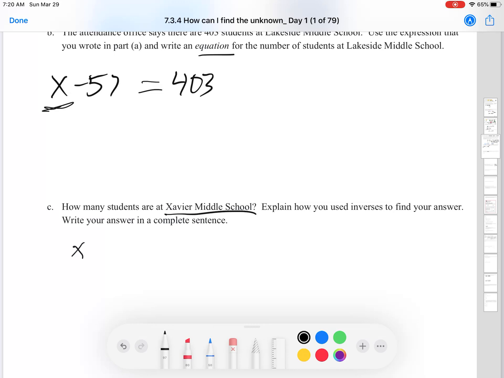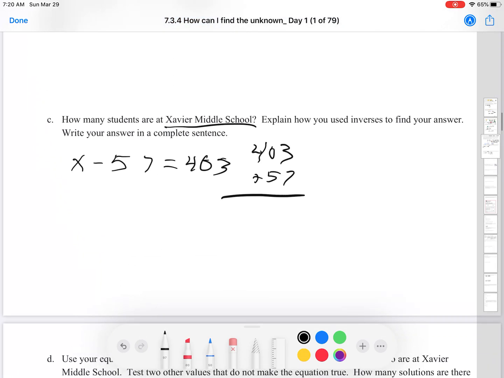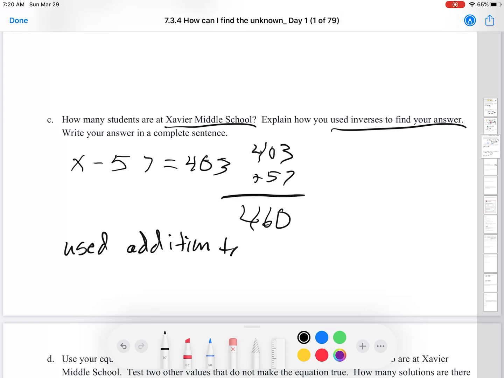So we could use those inverse operations that we talked about earlier, and we could say 403 plus 57 gives us a total of 460 students. So we explain how we use those inverse operations. We used addition to undo the subtraction.